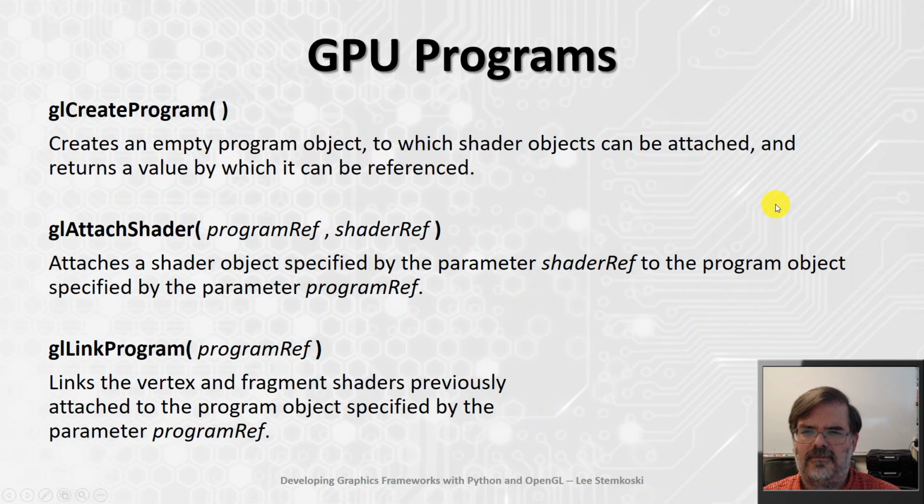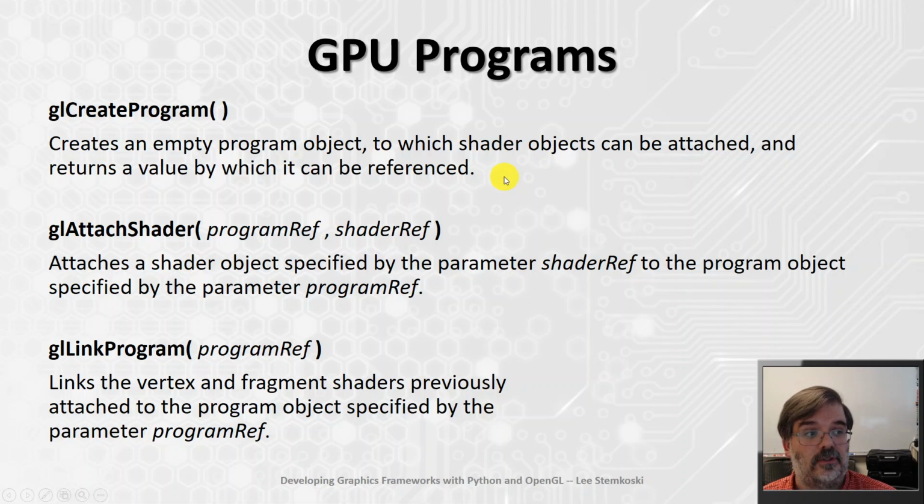Again, it's going to seem very analogous to what we talked about before, and there's a nice pattern here. In working with GPU programs, analogous to working with shaders, first we have to create an empty program object. We do that with GL create program. This is used to hold shader objects. Just like with creating a shader, it returns a reference that can be used to access this program later on.